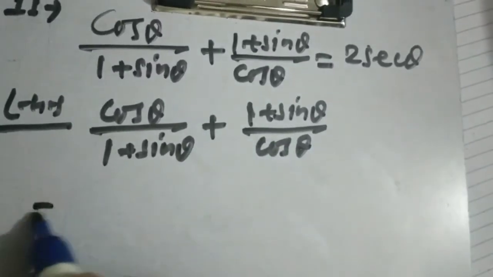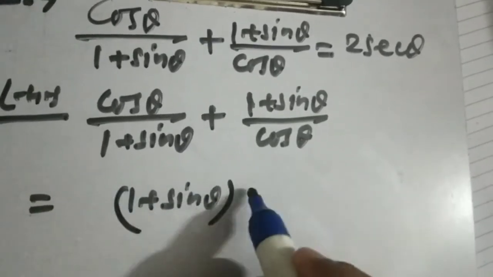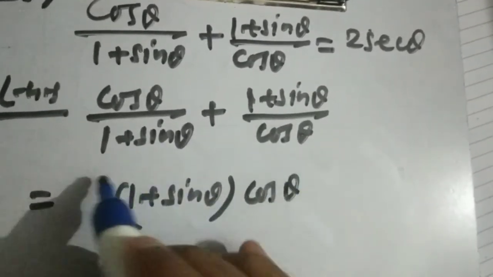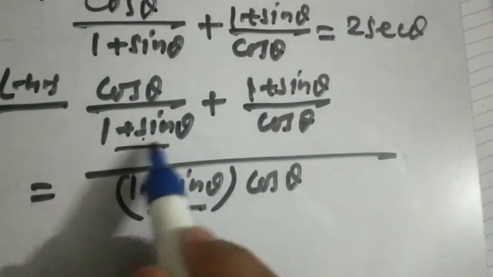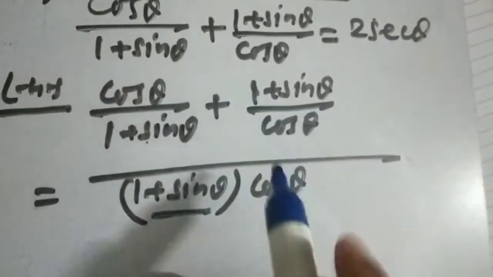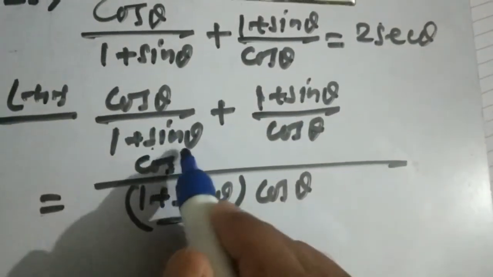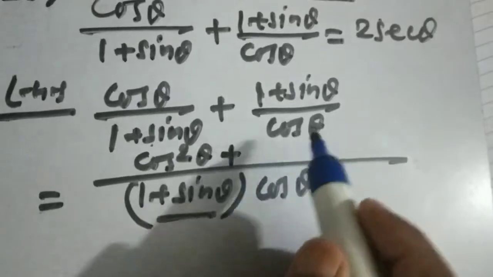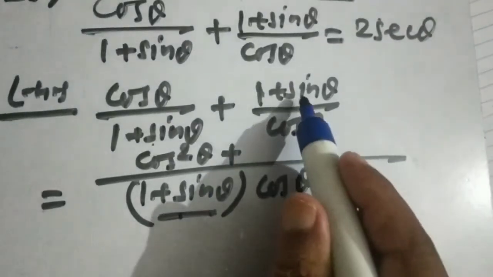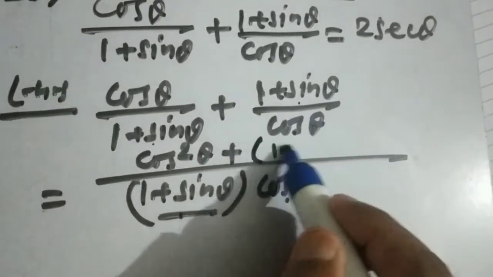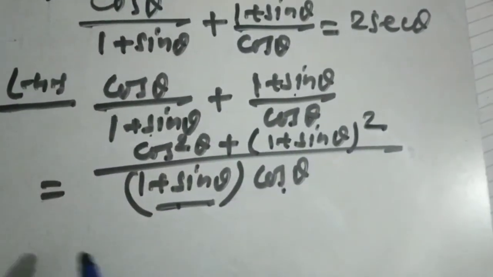Now take the LCM, 1 plus sin theta into cos theta will be the LCM. Now this 1 plus sin will cancel with 1 plus sin. Then cos theta will be left, and cos multiplied by cos will be equal to cos square theta, plus cos will cancel with cos, then 1 plus sin will be left, 1 plus sin multiplied by 1 plus sin will be equal to 1 plus sin theta the whole square.